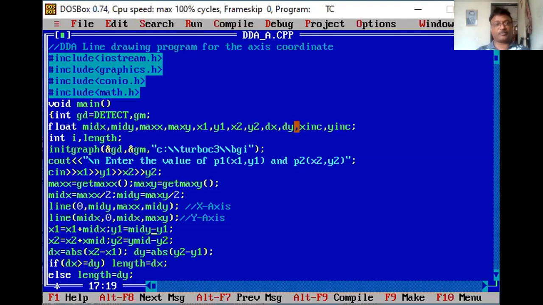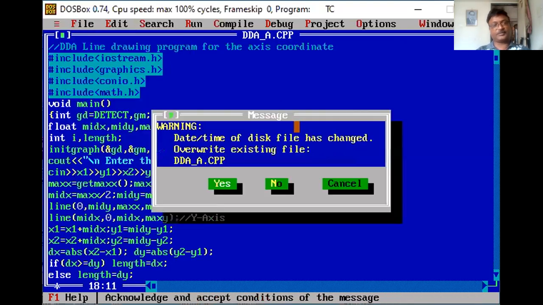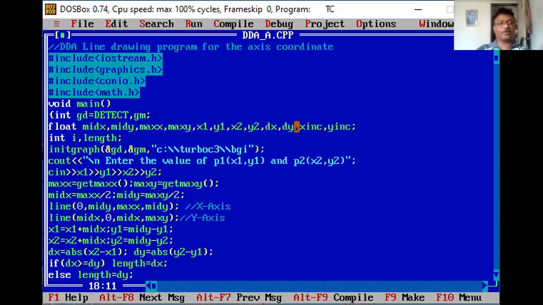So only the variable name needs to change in your program also. Once you use mid-x and mid-y, you have to use mid-x and mid-y throughout the entire program.